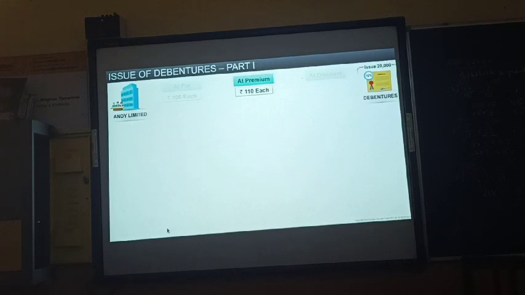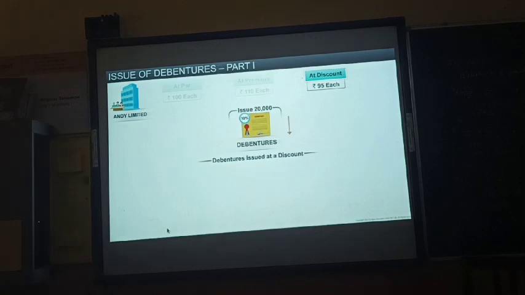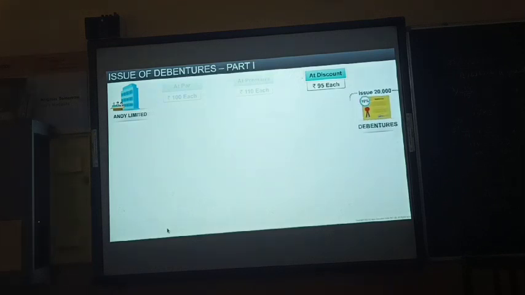Going ahead, let us assume that Andy Limited issued 20,000 10% debentures at a discount price of 95 rupees each. When debentures are issued at a lower price than their nominal value, they are known as debentures issued at a discount.